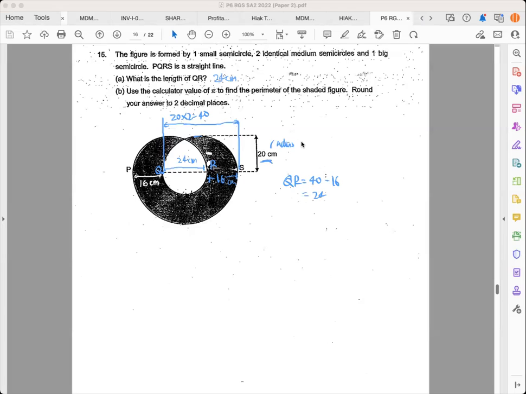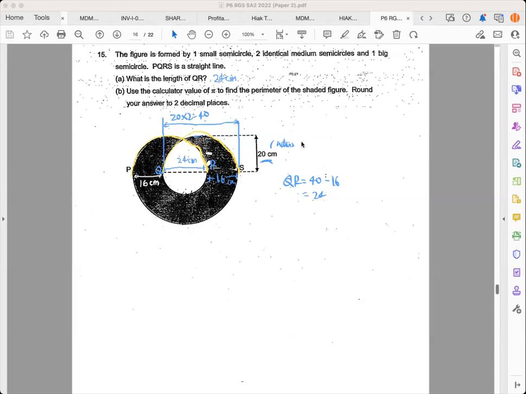Now let's use the calculator value of pi to find the perimeter of the shaded figure. So the perimeter of the shaded figure consists of this. It consists of half the circumference of one medium semicircle plus half the circumference of the other identical semicircle.